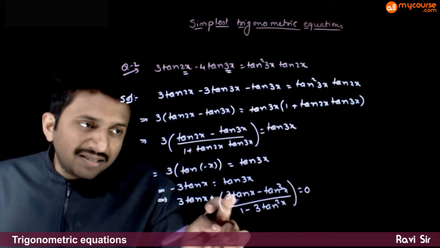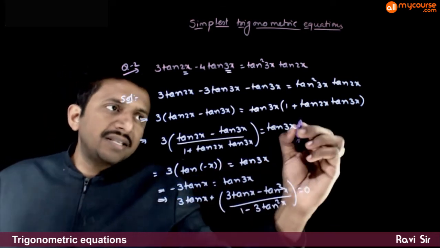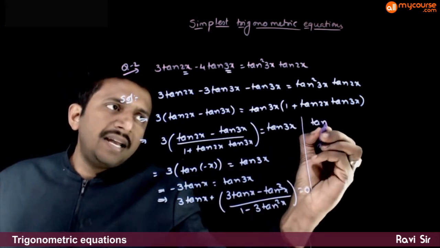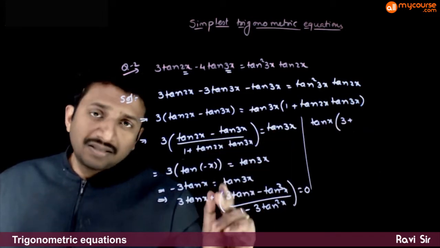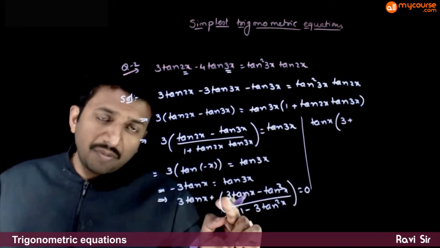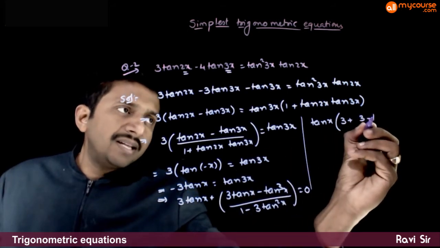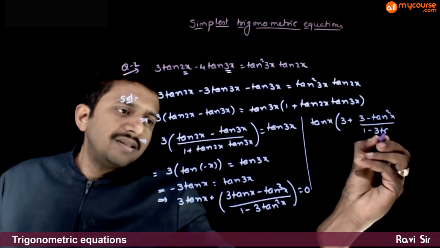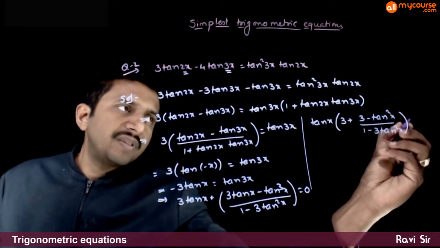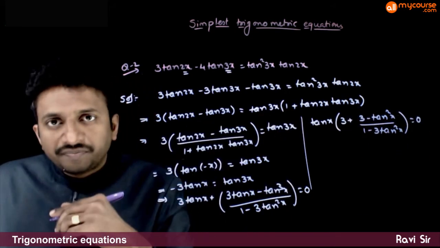You have tan x in each of these terms, so if you take tan x as common, you have tan x times [3 plus (3 minus tan square x) by (1 minus 3 tan square x)] is equal to 0.